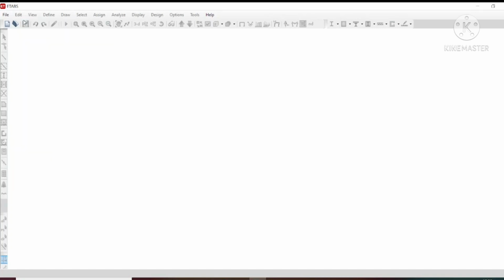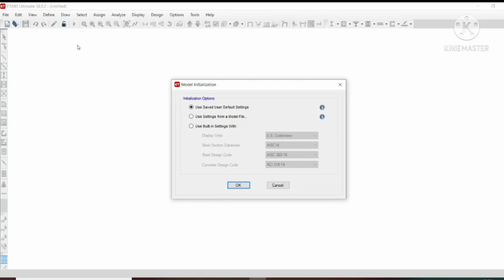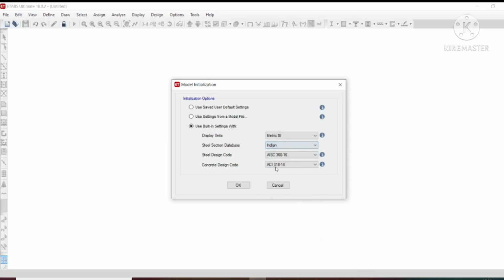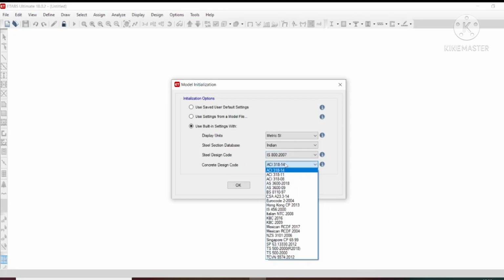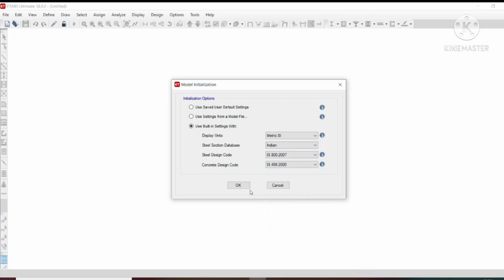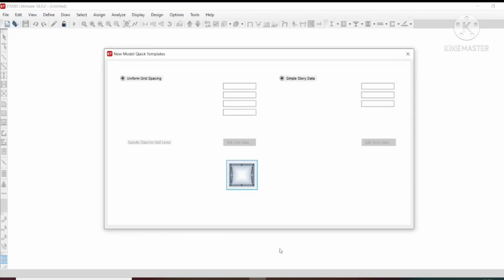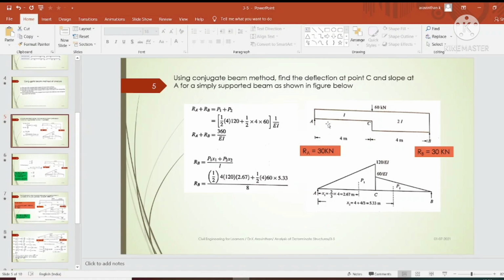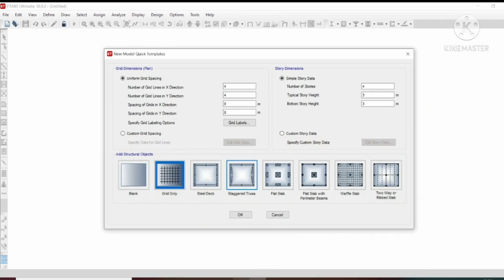Let us make a new model. Since we have an 8 meter span and we need a point load at 4 meter, let us make 3 grid lines.